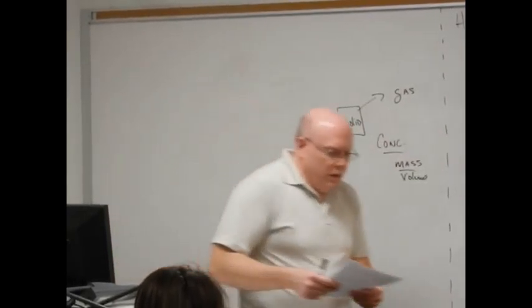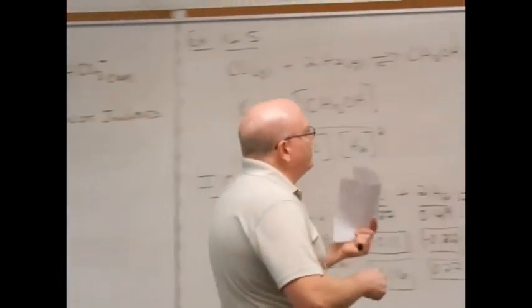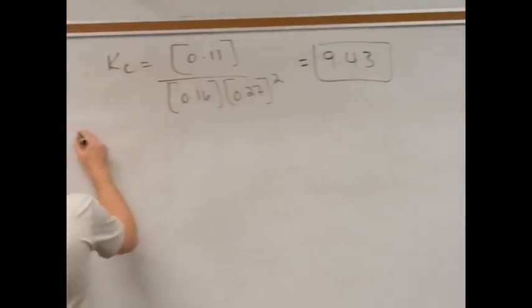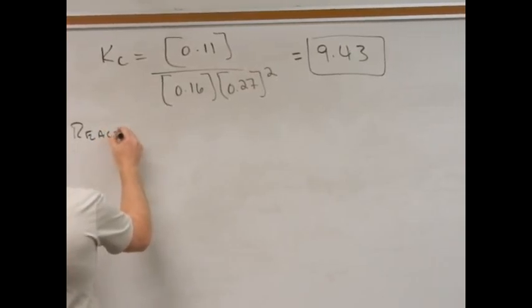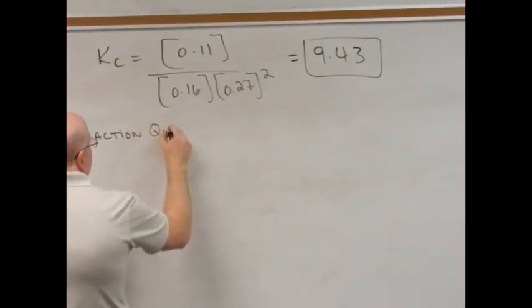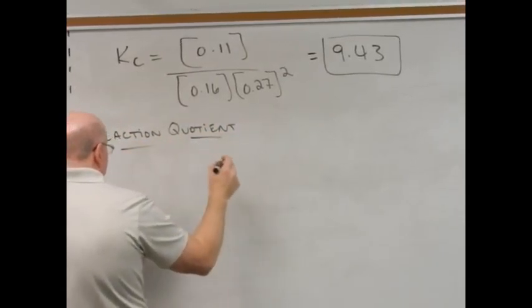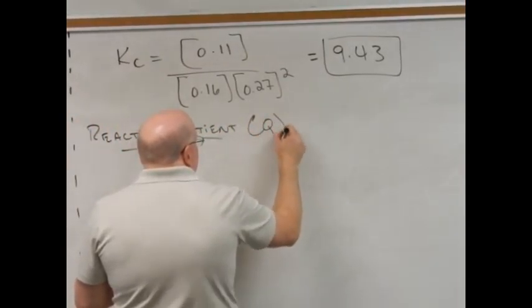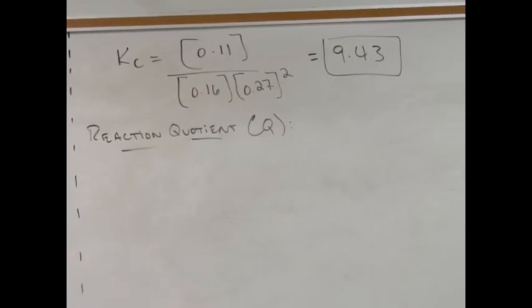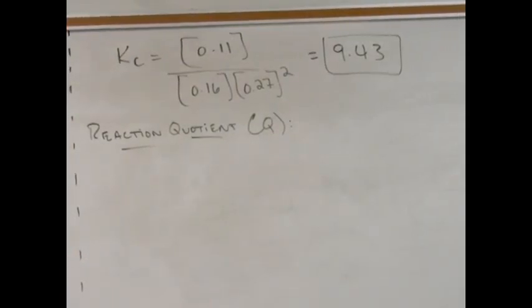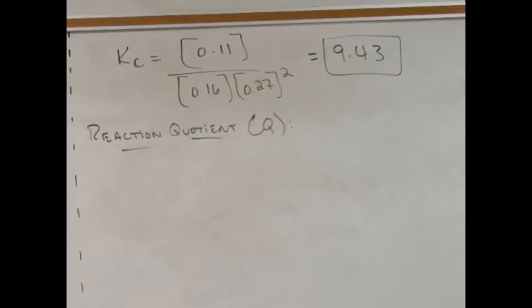We don't always just have to worry about equilibrium. There is another quantity. This is called the reaction quotient, signified with a Q. What Q tells you is the ratio of products to reactants, what the number could be when it's not at equilibrium.